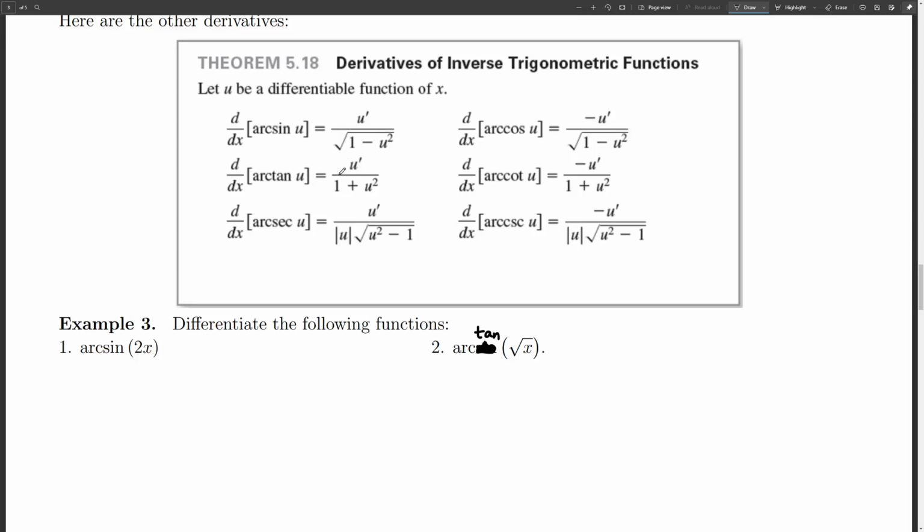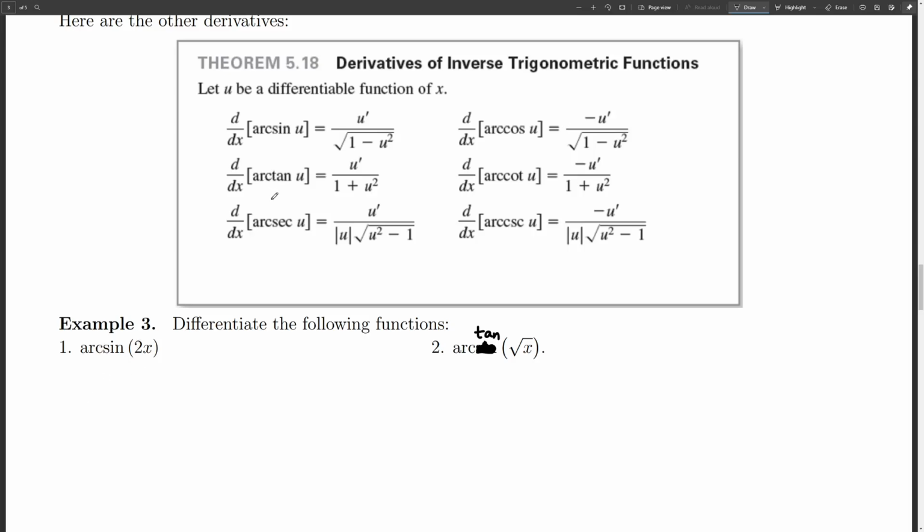So let's do an example with this. I changed one of the examples here from an arcsine into an arctan, otherwise we would have two arcsine problems. So what I want to do here is find the derivative of arcsine of 2x.